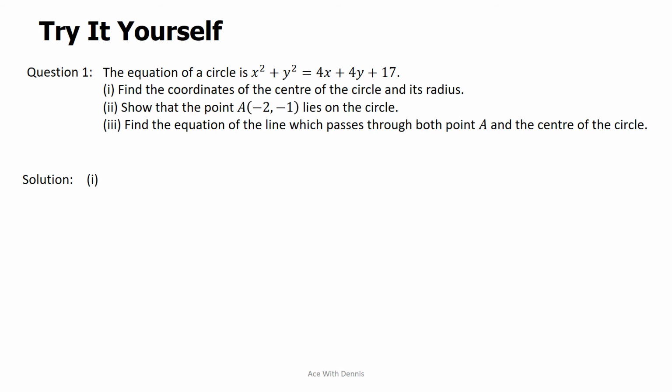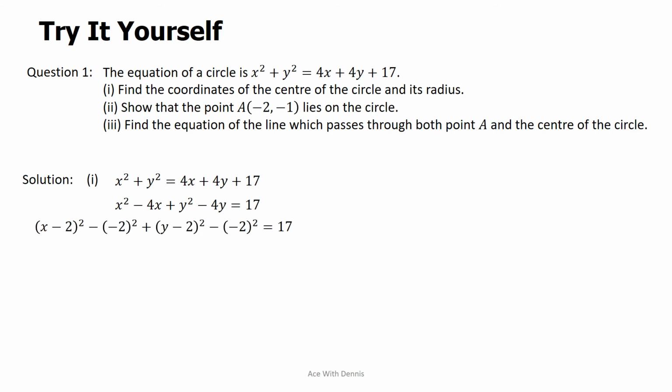Here is the solution. 1. To find the coordinates of the center of the circle and the radius, first we have to rearrange this equation, which becomes x squared minus 4x plus y squared minus 4y equals 17.